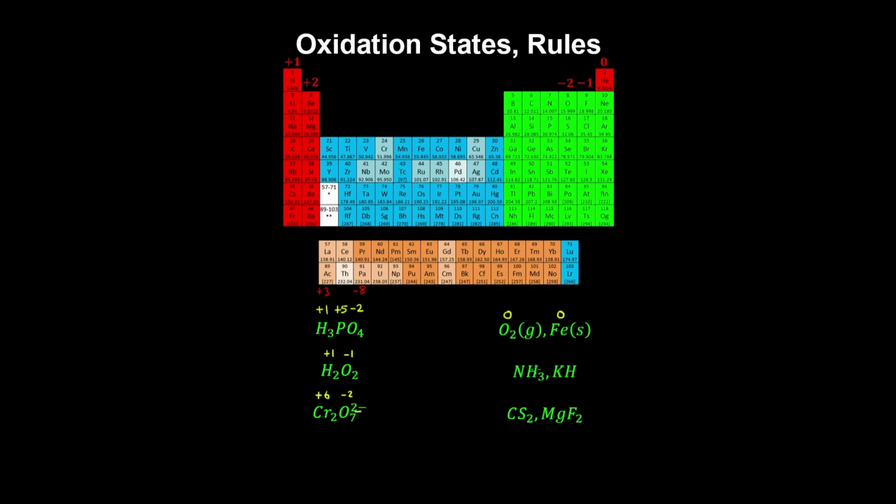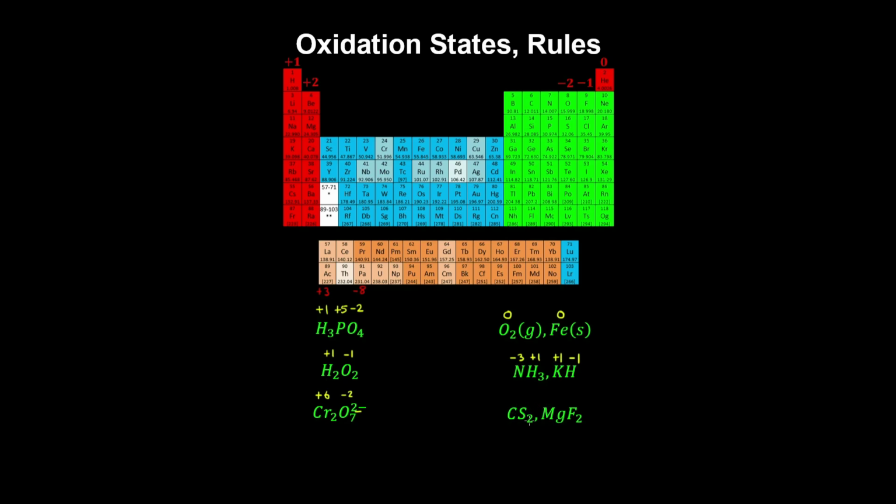And when bonded to a non-metal, hydrogen has an oxidation state of +1, whereas if it's bonded to a metal, it has an oxidation state of -1. So therefore 3 hydrogens and a neutral compound means nitrogen has an oxidation state of -3, and here potassium has an oxidation state of +1.